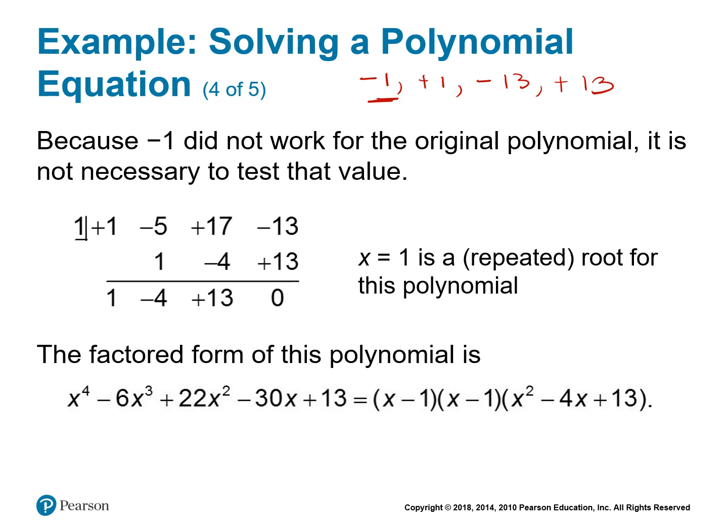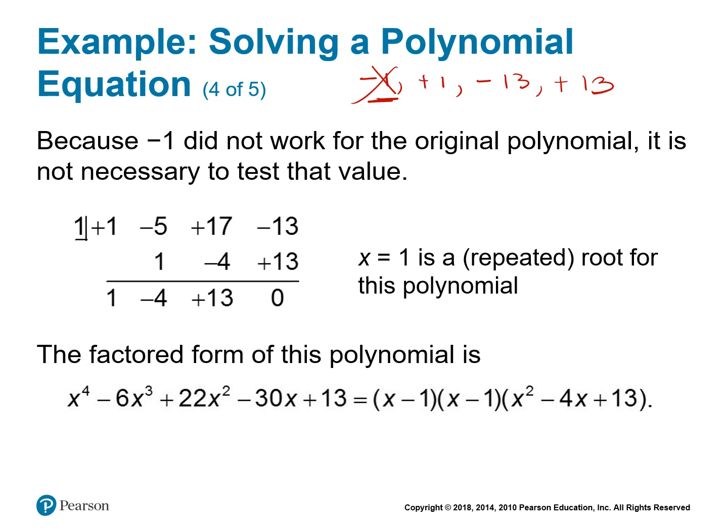So although negative 1 did show up as a possible zero, or a possible root, of the x cubed polynomial, we can eliminate it because it didn't work for the original one, the original polynomial of degree 4. So I'm going to just eliminate this from our list. So now we have an even shorter list of plus 1, minus 13, and plus 13.